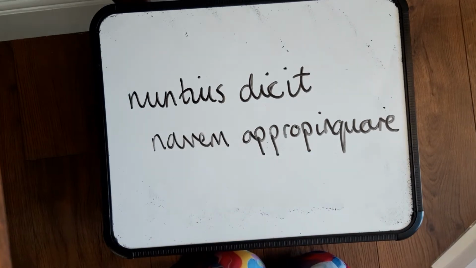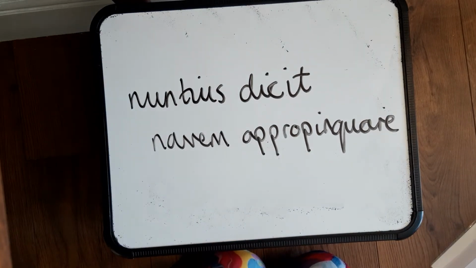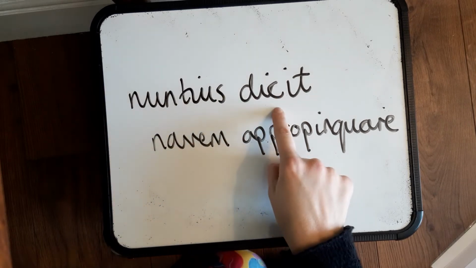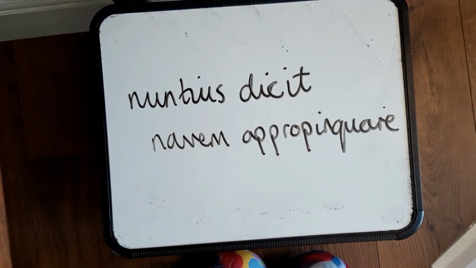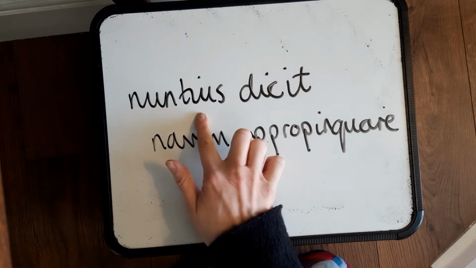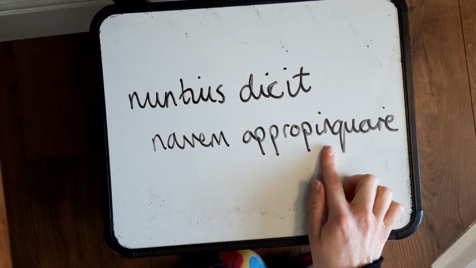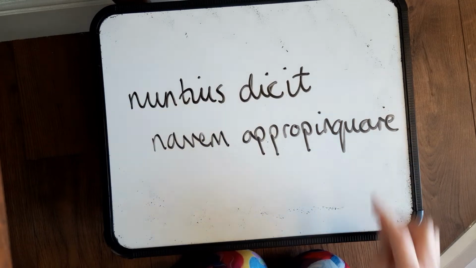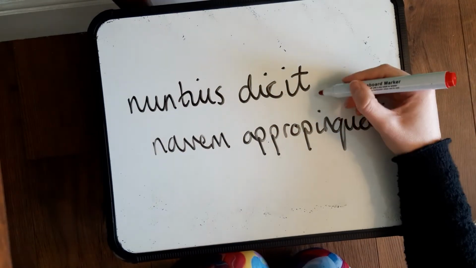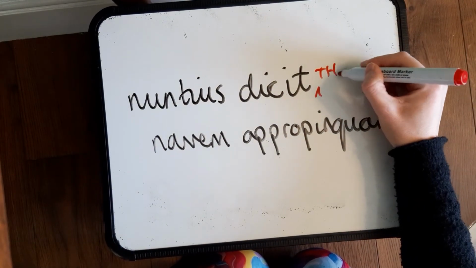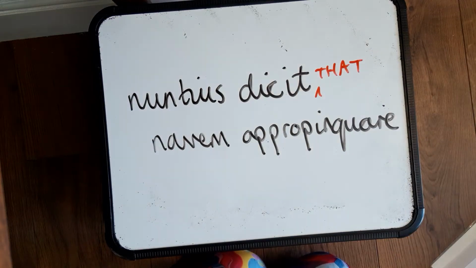So this then becomes an indirect statement. Now in English, we're not going to say the messenger says the ship to approach because that would sound weird. So instead, we translate it into a normal English indirect statement. The messenger says that the ship is approaching. The first thing that we've done is we've inserted the word that in English so that it makes sense.